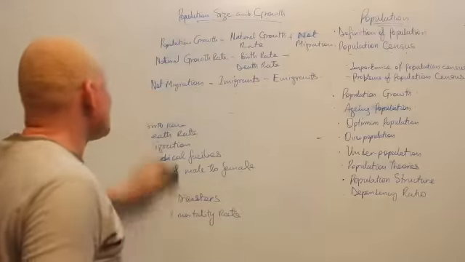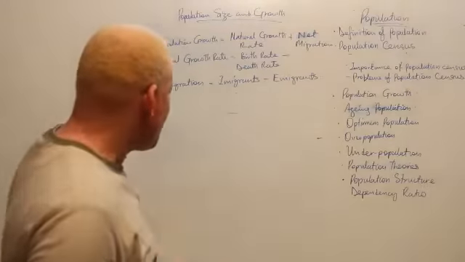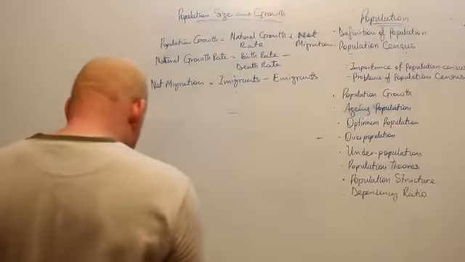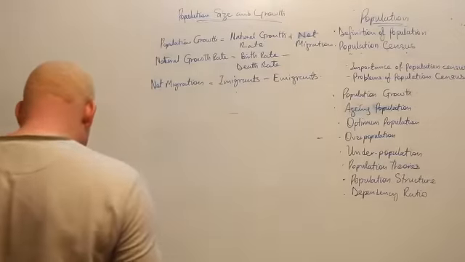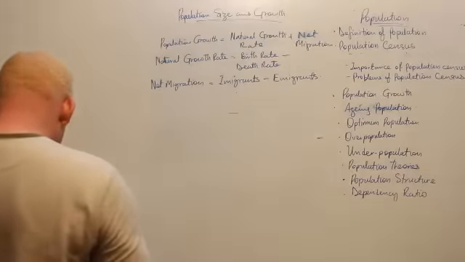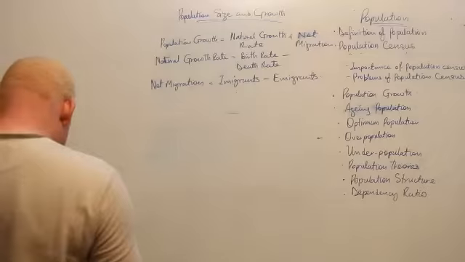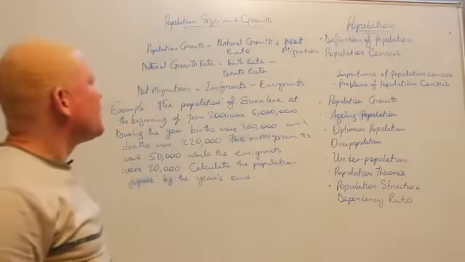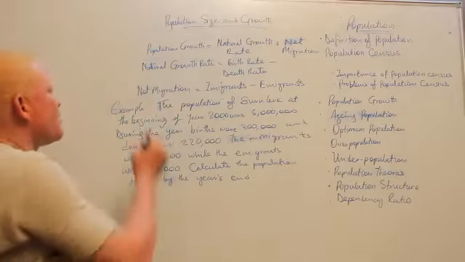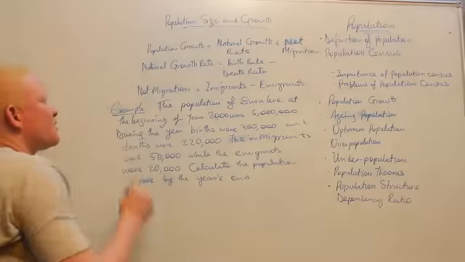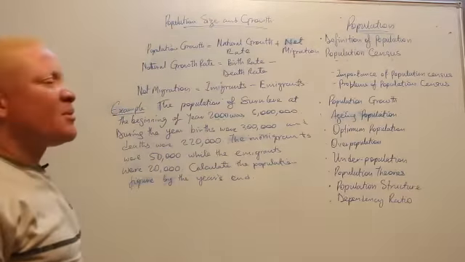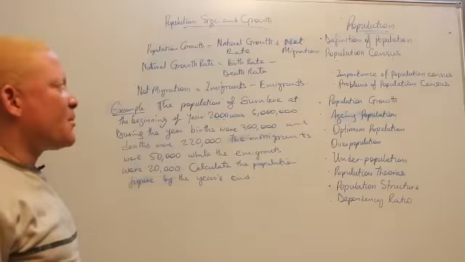Now, with a quick one, we shall take a look at how we can calculate population growth. This is a hypothetical question, something we could use to calculate the population size after a period.